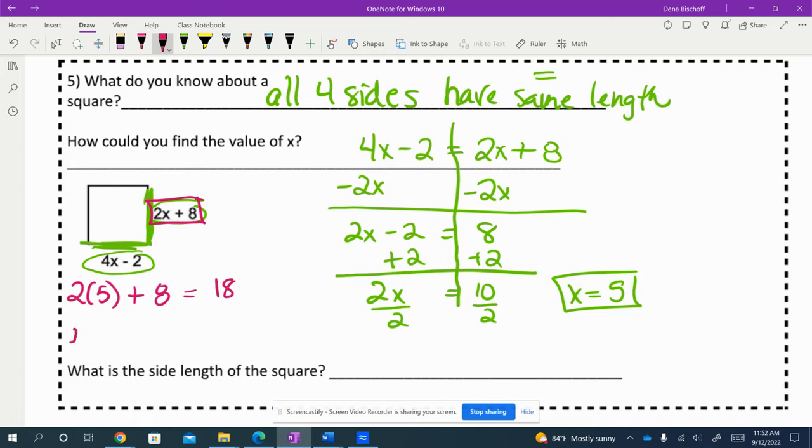Could I use the other expression? Well, let's check. 4 times 5 is minus 2 is, oh my gosh, it works, right? So what is the side length of the square? 18. We don't know if it's inches, meters, whatever, so we're going to say 18 units.